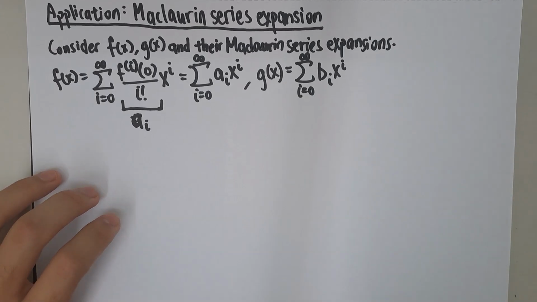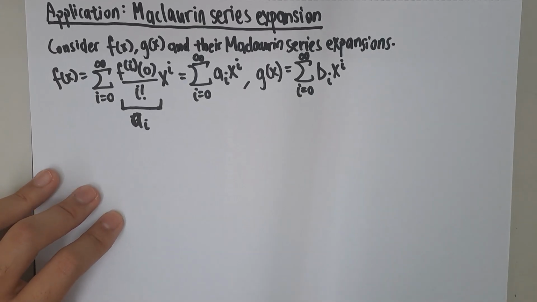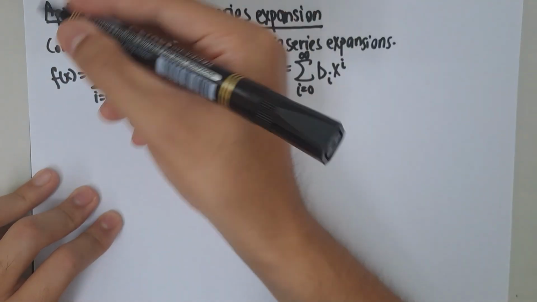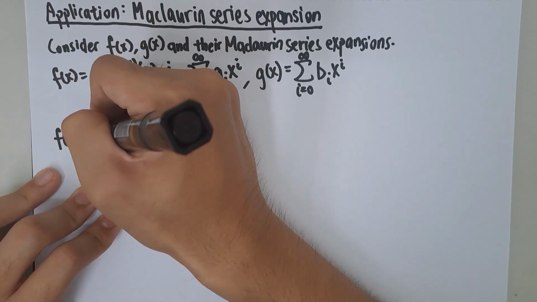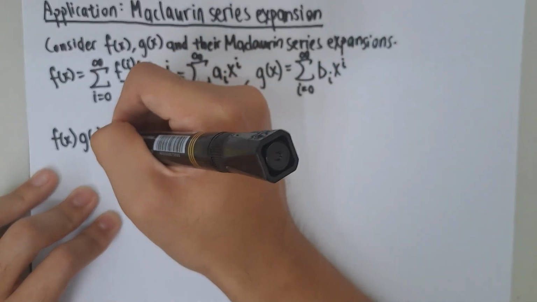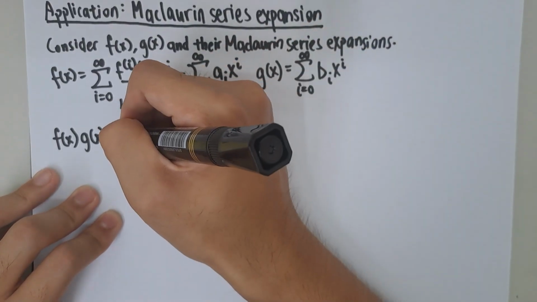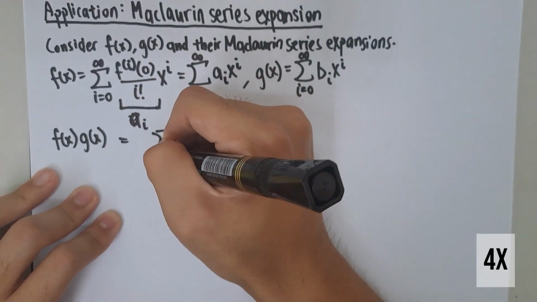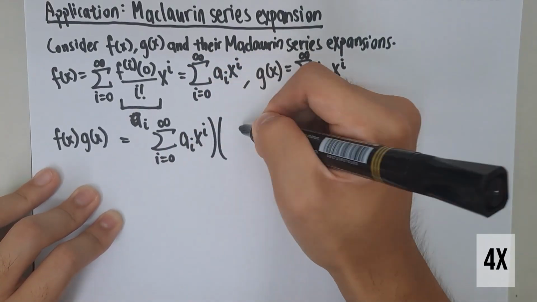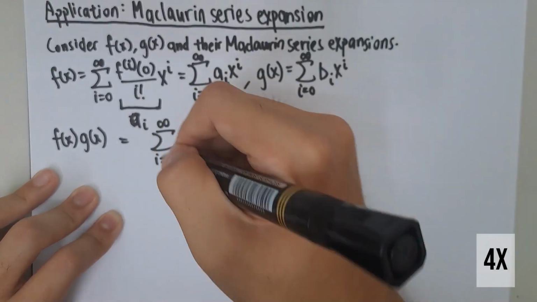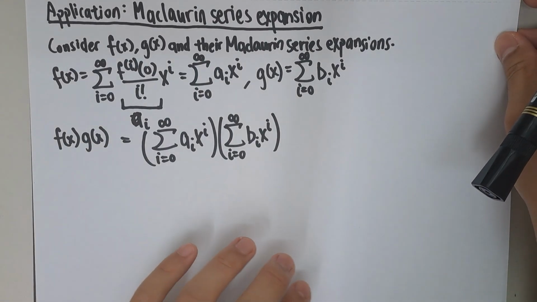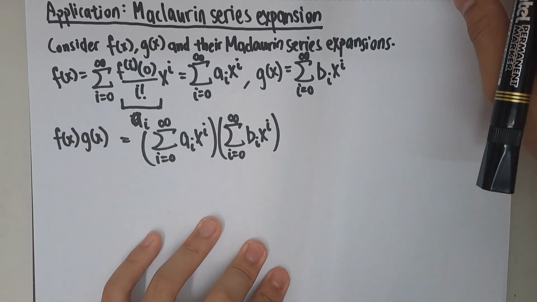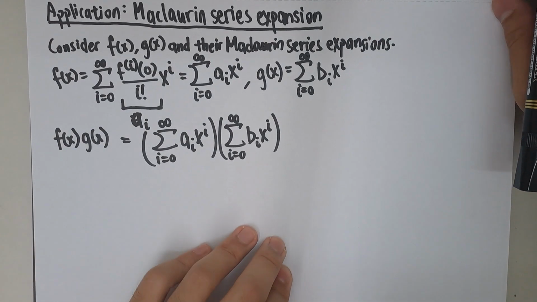For us to use the Cauchy product, we have to have a product. So maybe we can think about the product of these two functions. And we will have the sum as I equals 0 of a sub I x to the I multiplied with the sum as I equals 0 of b sub I x to the I. And we have a tool for this, and it's called the Cauchy product, as you probably have guessed.